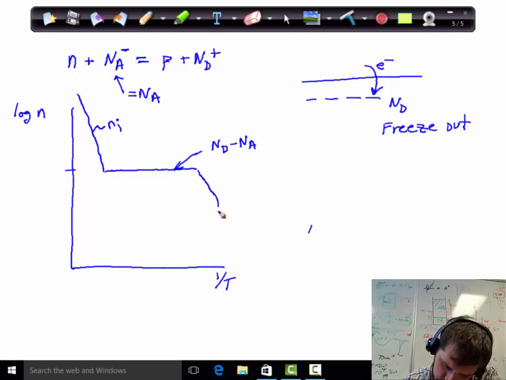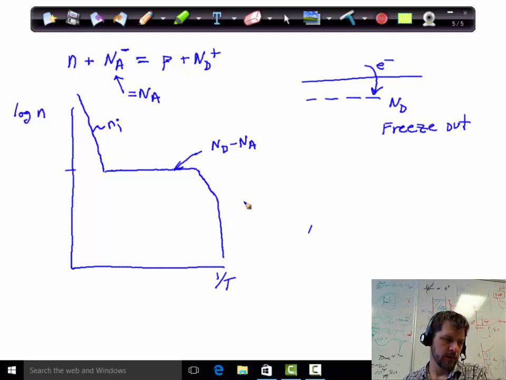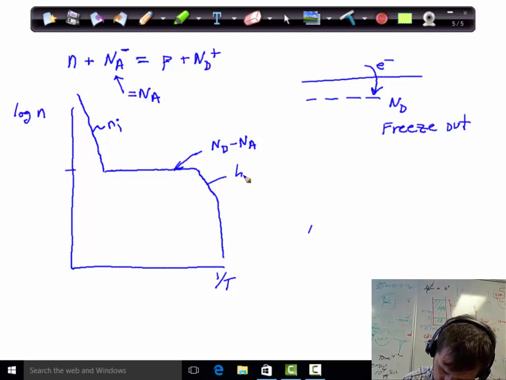It turns out that there's two slopes, and the reasons are given in the book here, but the half slope region and the full slope region.